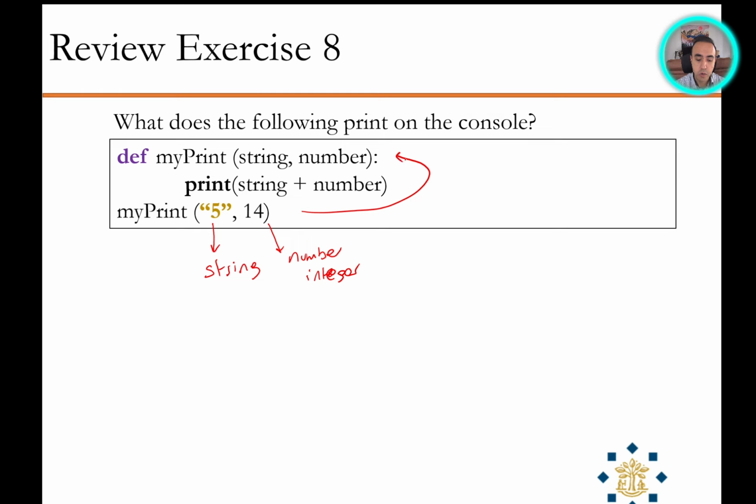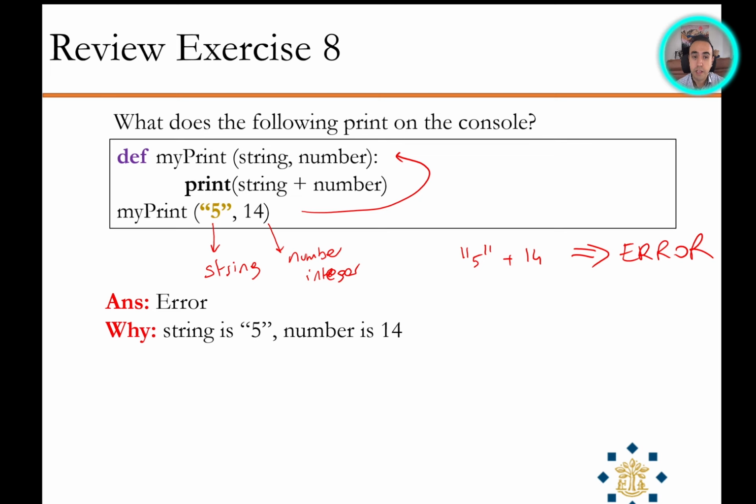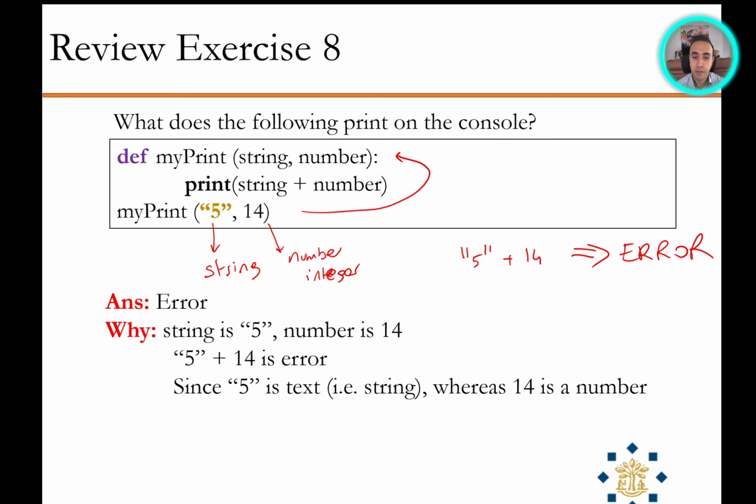Here when we invoke 5 as a text plus 14, this will give us an error. So string is 5 as a string literal, and number is 14, but you cannot add a string literal with an integer literal, because 5 is text or string, whereas 14 is a number. So this is an error, okay?